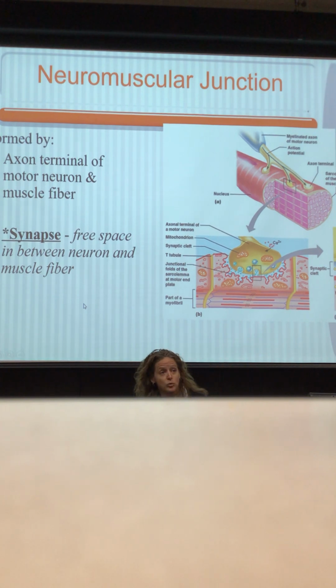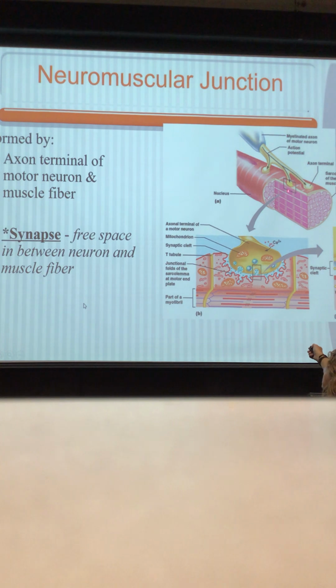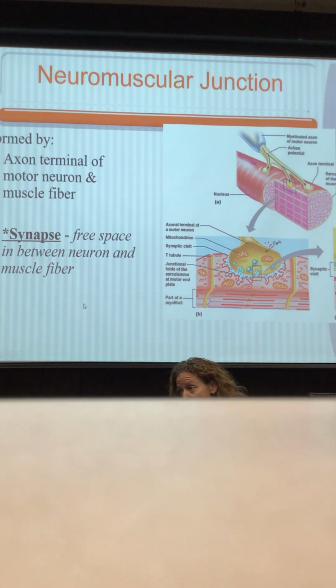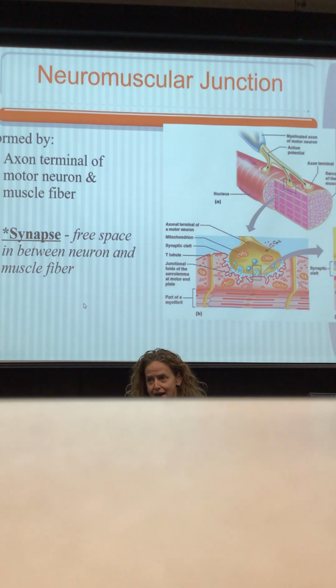How does this happen? Well, that nerve impulse leaves the brain, goes down the spinal cord, comes out, and the nerve ending, that axon, comes down to the muscle. You may recall, if we zoom in, when a nerve goes to a certain part of the body, it doesn't actually touch it, right?